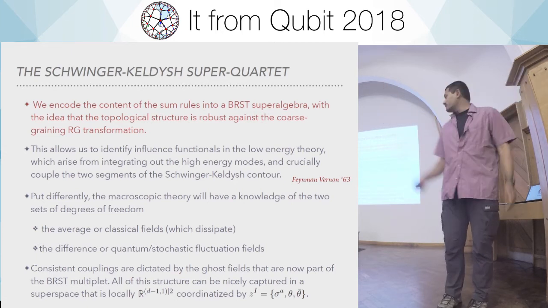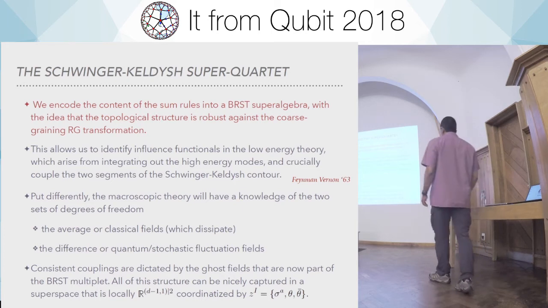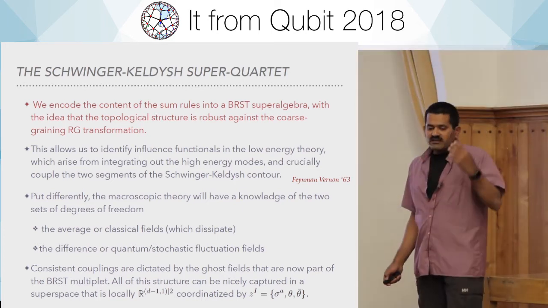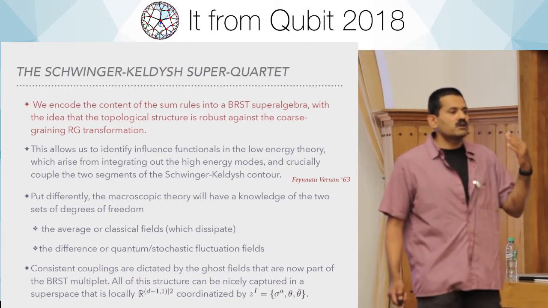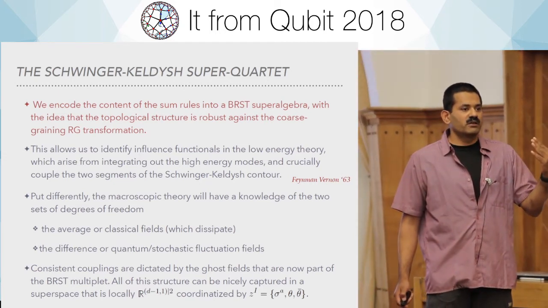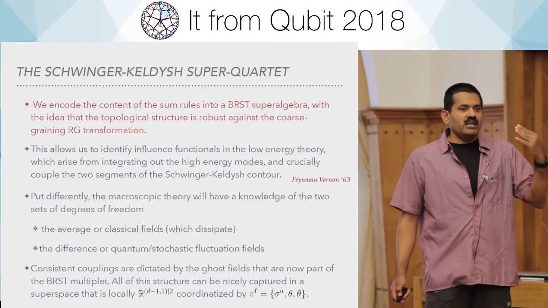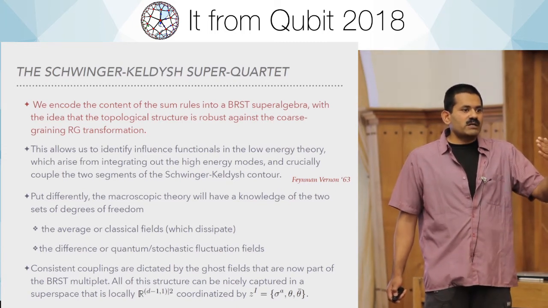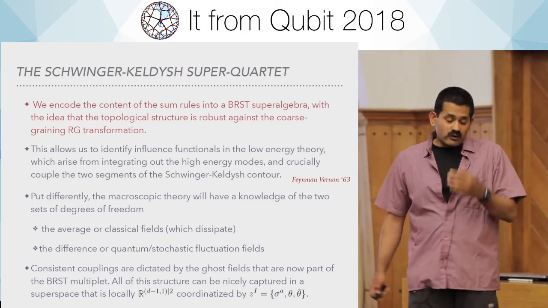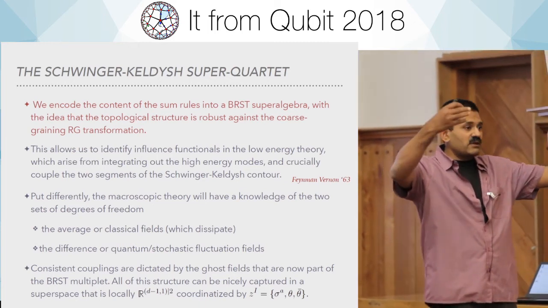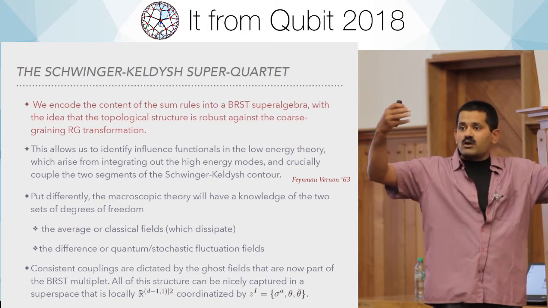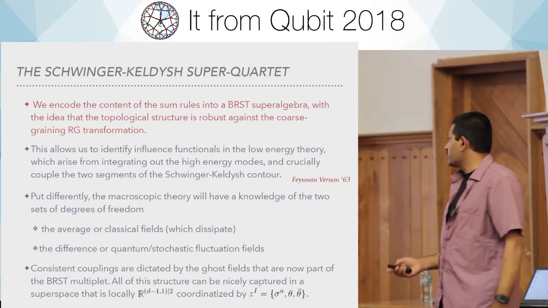These are the fields you actually see in your response functions. But you see, the very statement that there is dissipation is inconsistent without there being corresponding fluctuations. Because in any quantum system, there always are quantum fluctuations, but moreover, when you're talking about thermal systems, there are, in addition to those quantum fluctuations, stochastic thermal fluctuations, and both of these have to go hand in hand for the system to make sense.